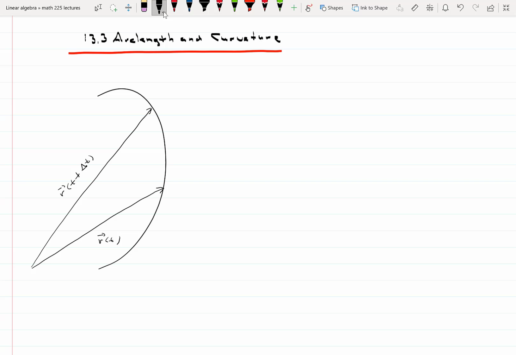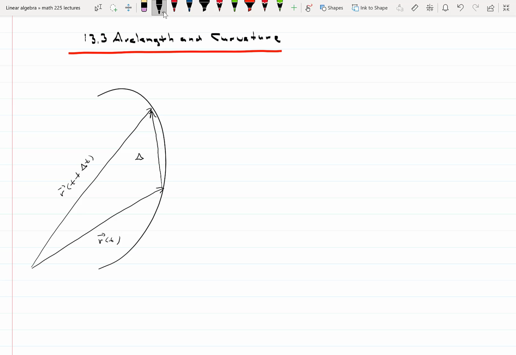Let's find a vector from the tip of r of t to the tip of r of t plus delta t. In other words, let's draw the displacement vector between the tips of the two vectors. So here is the displacement vector, and I'm going to label that displacement vector using that same delta notation.